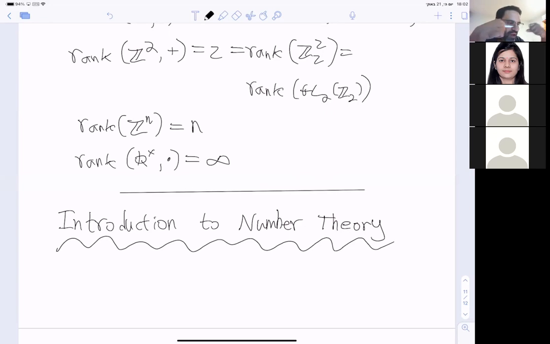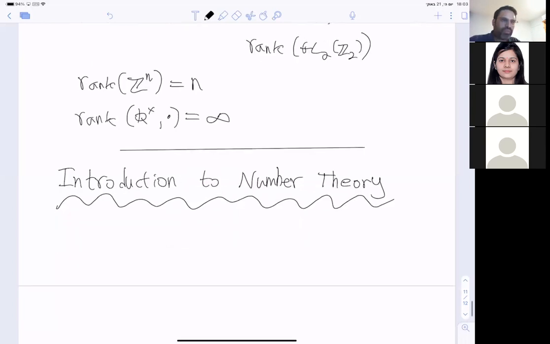So this is what we are going to see now, our classical questions, going back to the Greeks, which have found modern solutions. So number theory is a very classical issue.